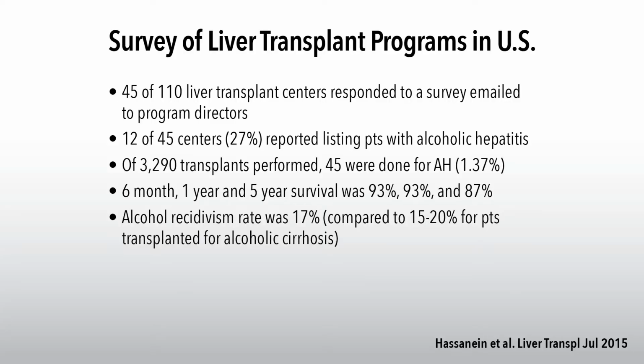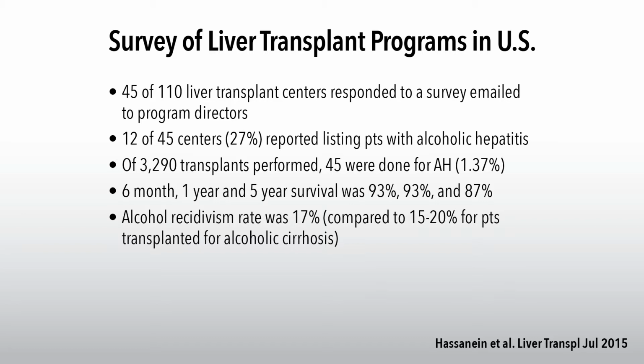Recently, in 2015, Hassanein performed a national survey. Out of 110 centers in the United States that perform liver transplant, 45 answered the survey. Out of this group, 12 out of 45 centers, a significant 27%, reported listing patients for alcoholic hepatitis.